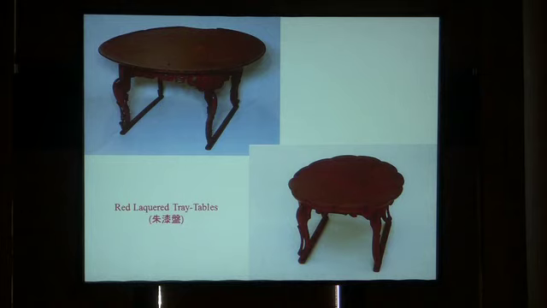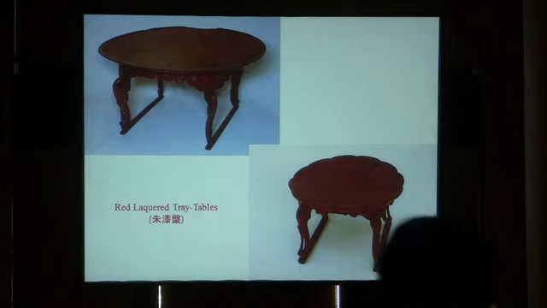Red lacquer tray tables. Small tables were used in the Joseon Dynasty in a banquet situation. Each individual would receive a table of his own. They never ate out of a big dinner table or anything.